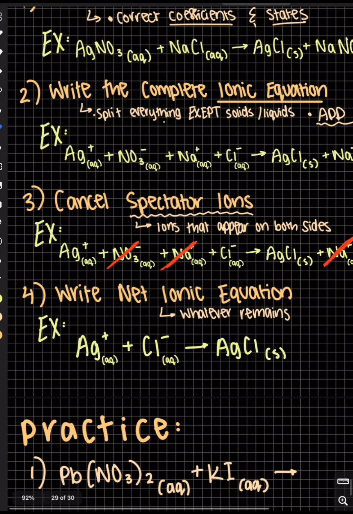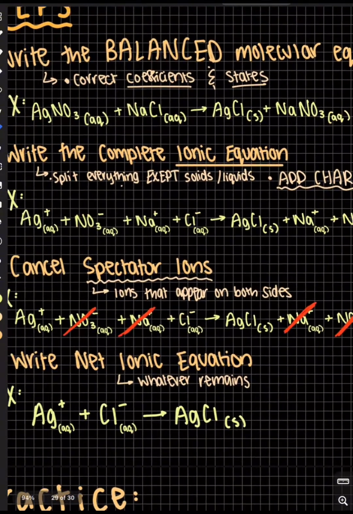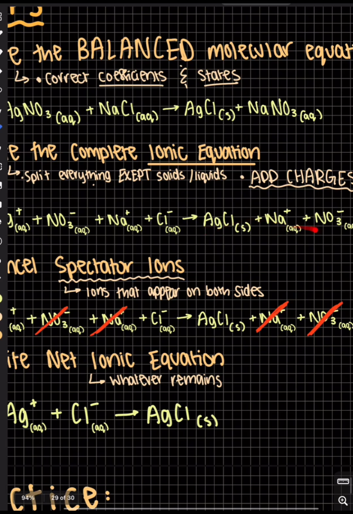Now, your next step after you've written your ionic equation is to cancel your so-called spectator ions. What are spectator ions? They are the ions that are not involved in any chemical combining or product or reaction or anything. They are just the ions that appear on both sides. So notice here, I have Ag+ NO3- Na+ Cl- makes AgCl plus Na+ NO3-.